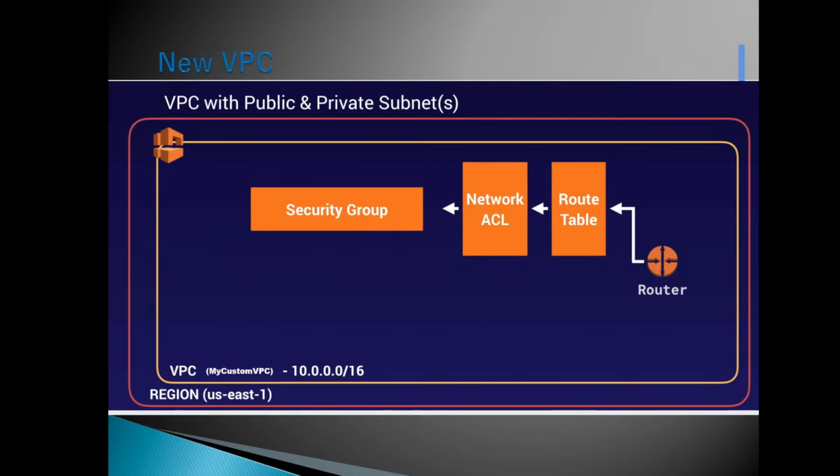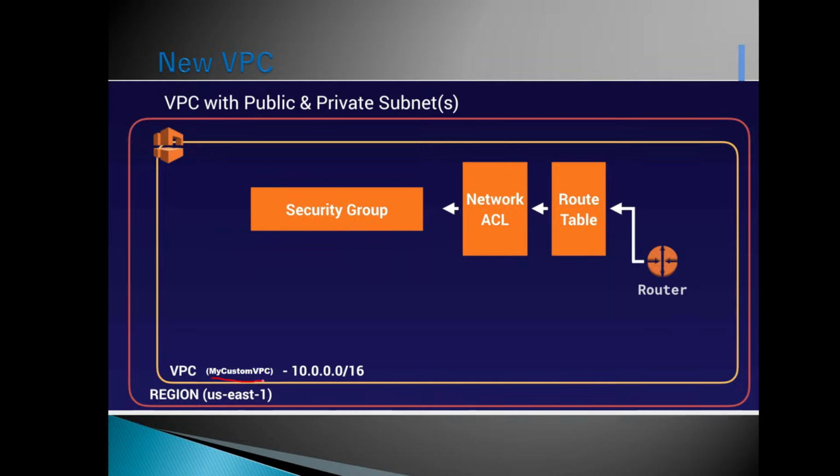When we created a VPC, you can see, within a region, we used the Mumbai region. You can use any region you like. In a region, we created a custom VPC, my VPC, or whatever name you want to give to the VPC.